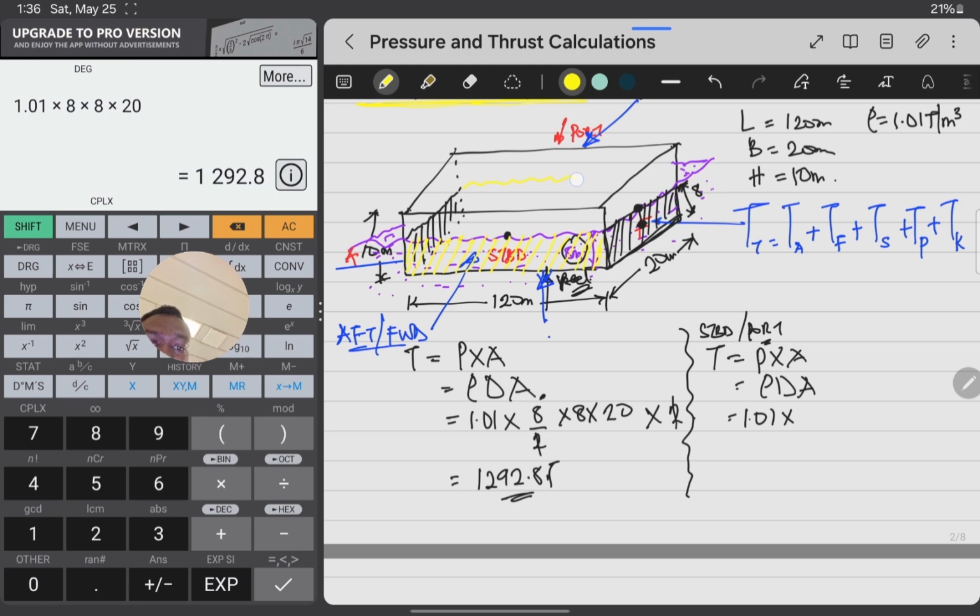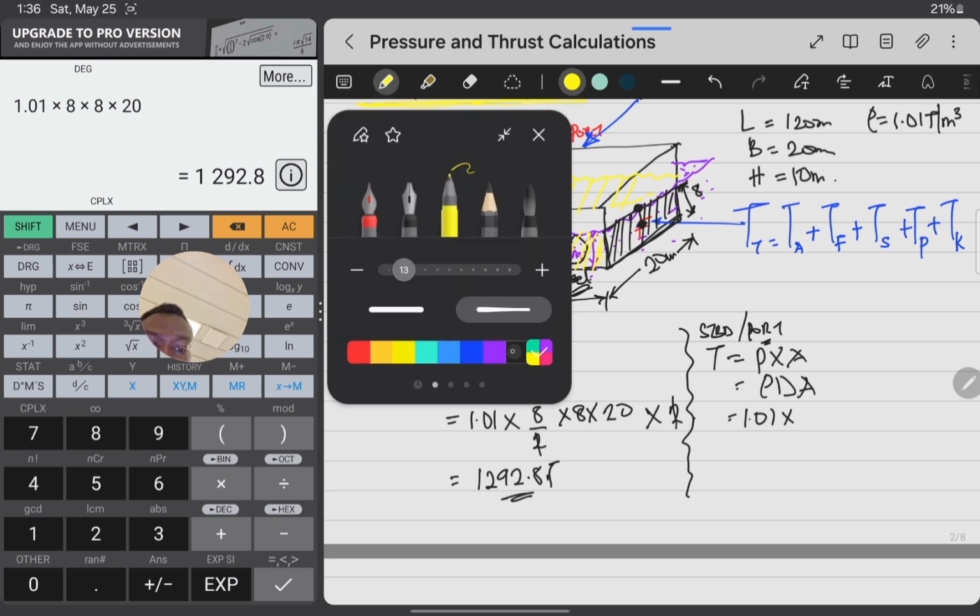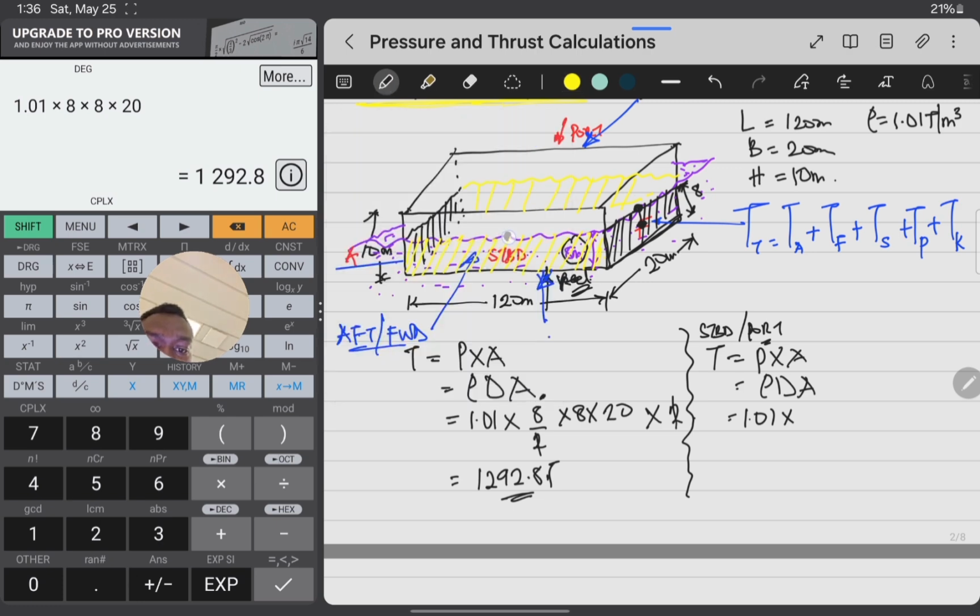The same thing for the port as well, on the other end. So the depth, again, is going to be from the surface of the water to its centroid. And what's the centroid? The height is the same draft, 8 divided by 2. The centroid of a rectangle is the height divided by 2.